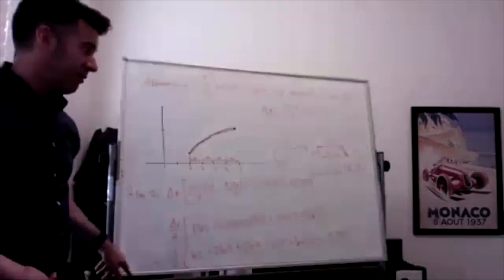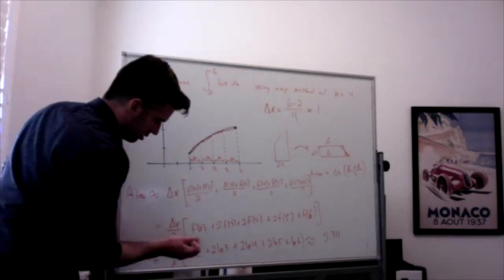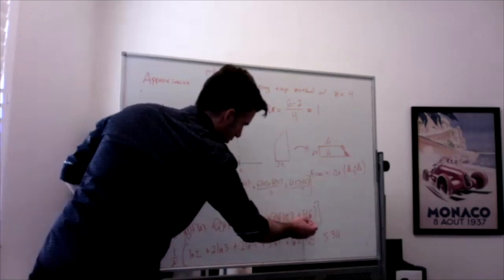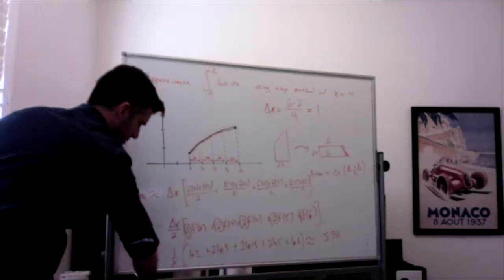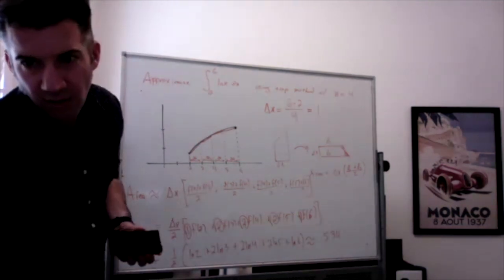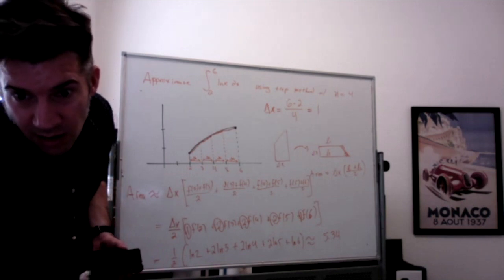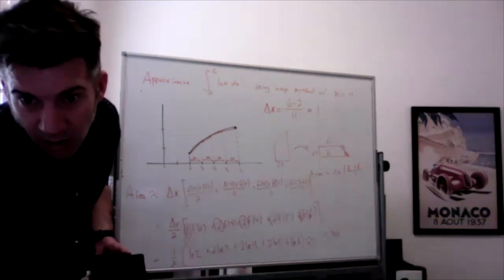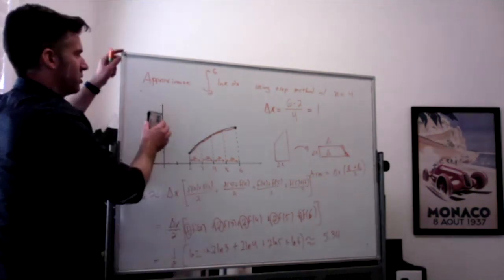Again, the trapezoid method formula has this 1, 2, 2, 2, 1 pattern of coefficients. The Simpson's method formula is a little bit different. I'm going to redraw the picture.